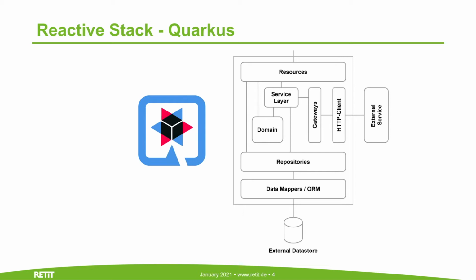Quarkus itself is also based on a reactive framework called Vert.x, because in Quarkus, if a request comes in, that request would first be handled on an I/O thread, but then the processing work would be handed over to a second thread from a worker thread pool.